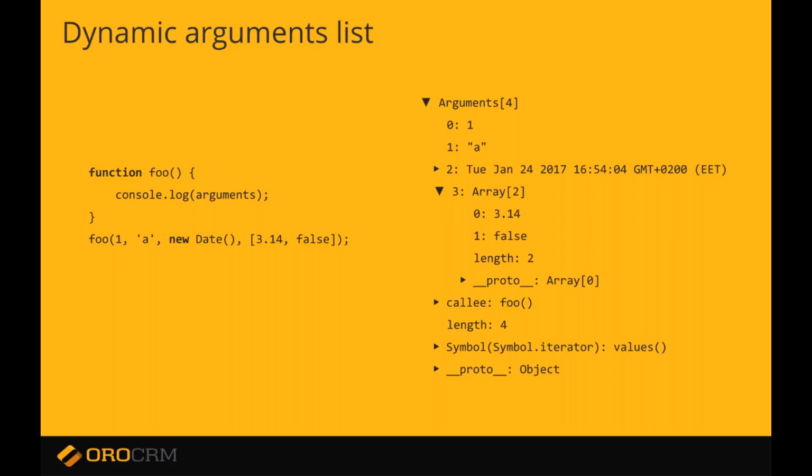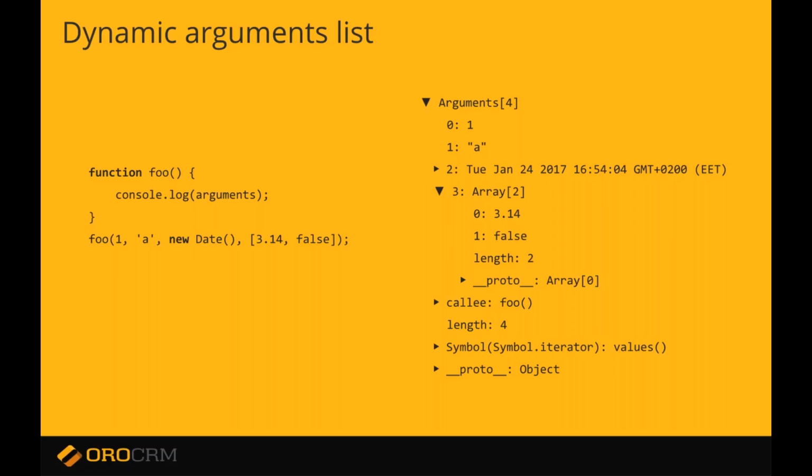It has pretty much the same structure as an array, but it is not an array. It doesn't inherit properties from the prototype of array. It inherits only properties from the constructor of arguments. Let's inspect what we have as arguments for the execution of the foo function.